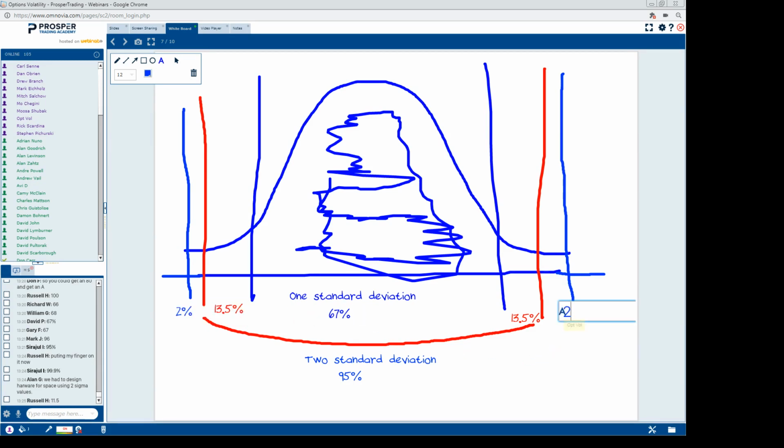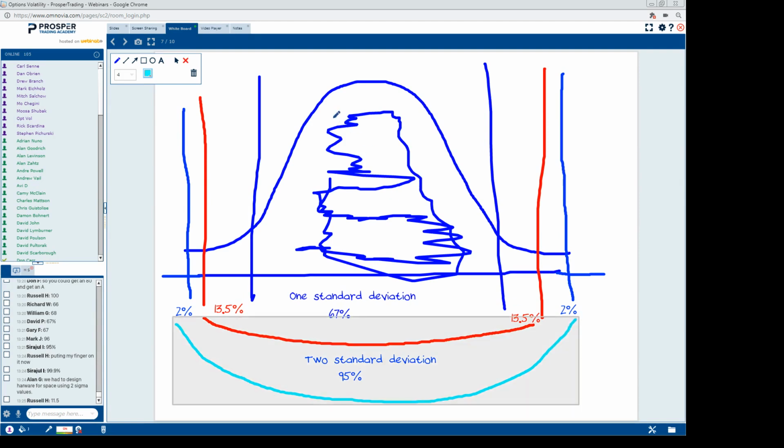And 2% here. So that a 3 standard deviation move, which is really the outlying move. Let's do something like this here. Encompasses about 99.8% of all moves, of all theoretical possibilities.